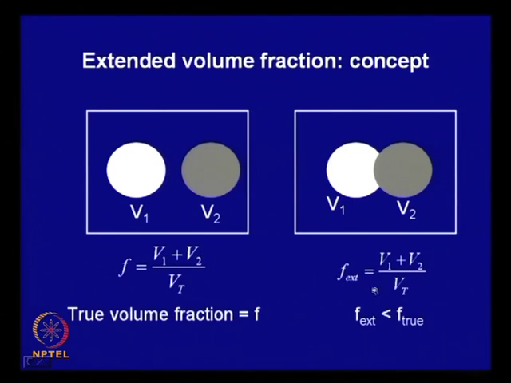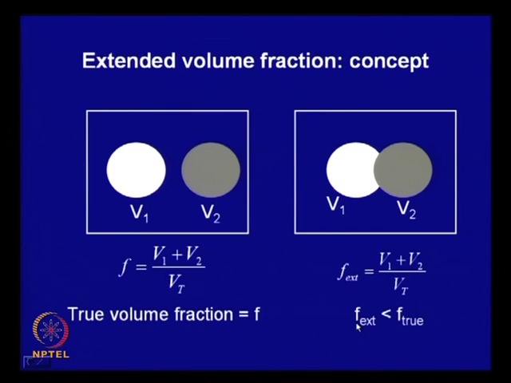And now it is clearly visible and evident that this volume fraction transformed will certainly be higher than the true fraction transformed. So, we call this the extended volume fraction; there is something extra, the true plus something extra is this.